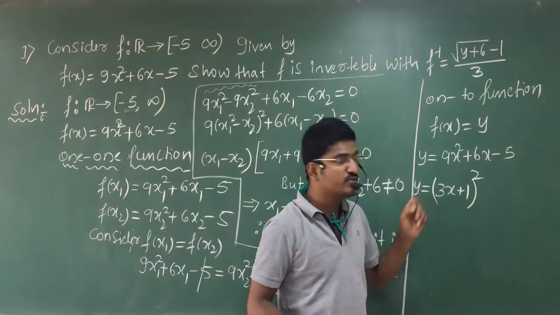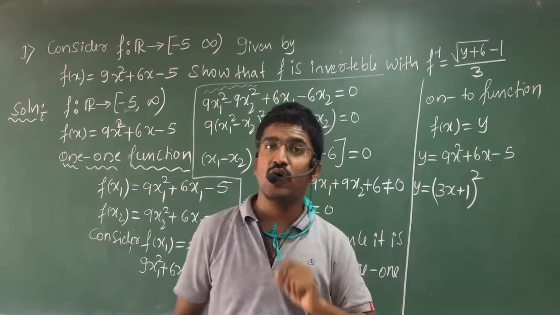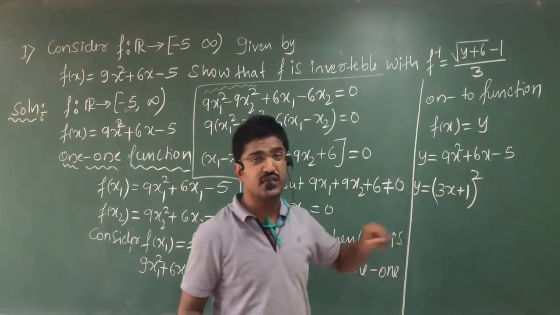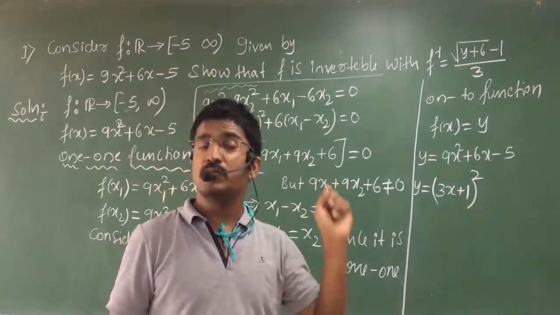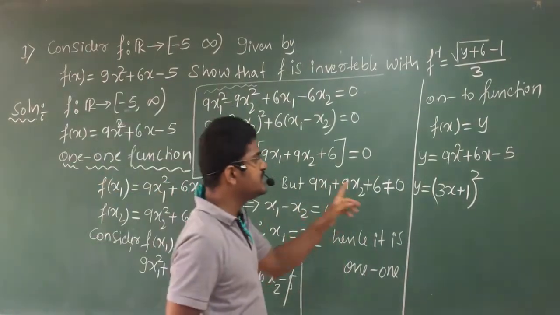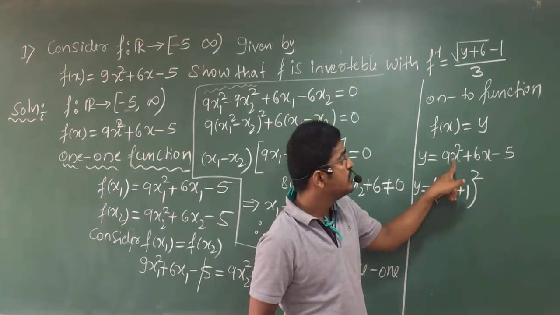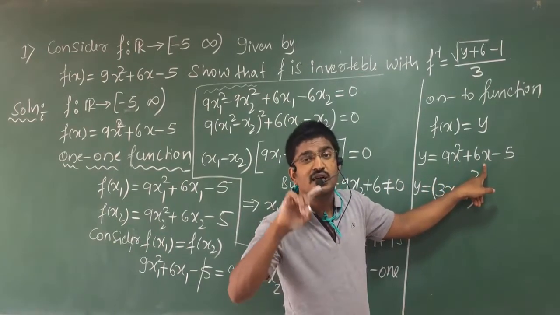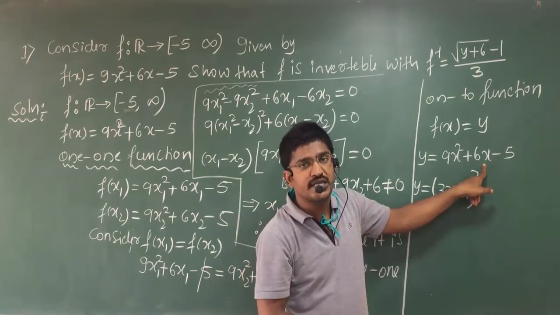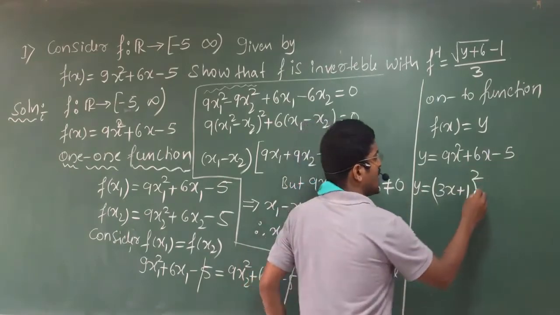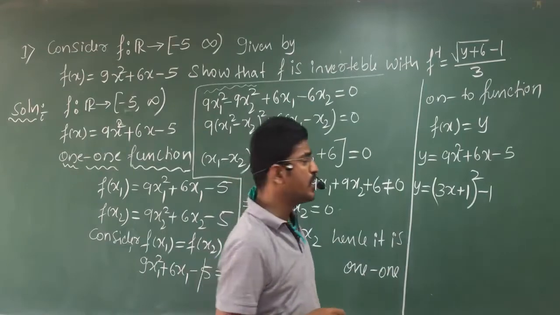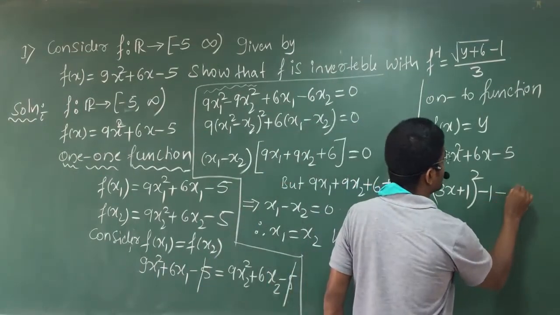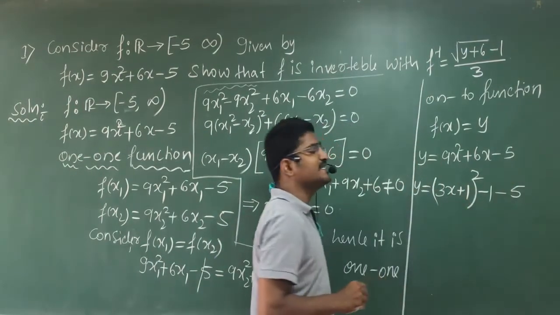If you simplify this, what you are going to have? 9x square plus 1 plus 6x. See, 9x square is already present, 6x is already present, but 1 is not present. So for that reason, I will write it as minus 1, and here I will write minus 5 as it is.